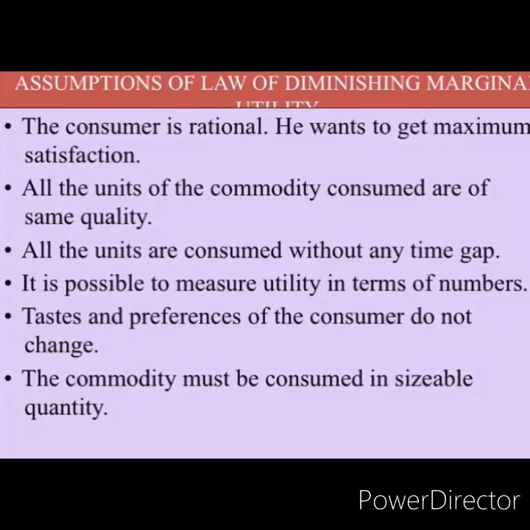All the units are consumed without any time gap. That means there should be continuous consumption. It is possible to measure utility in terms of numbers, and the taste and preferences of the consumer do not change. That means the taste and preferences remain constant.